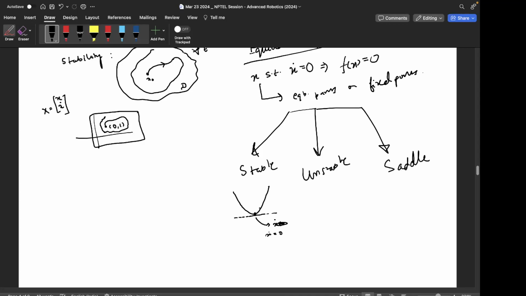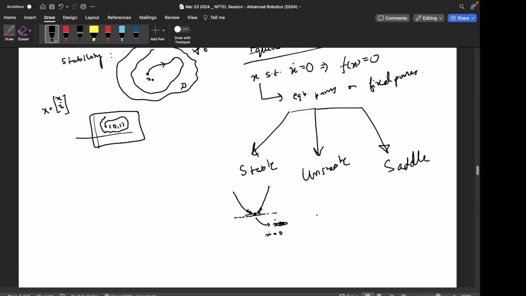And if you perturb the system slightly to either side of this point, it will come back, because the point has some special characteristics, which you will see, which make it stable. If you perturb it, the system will return back to the equilibrium point, right?